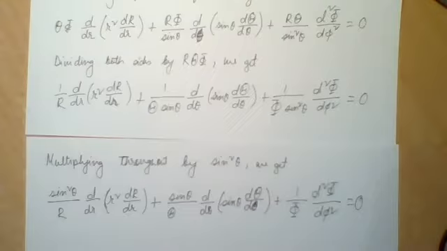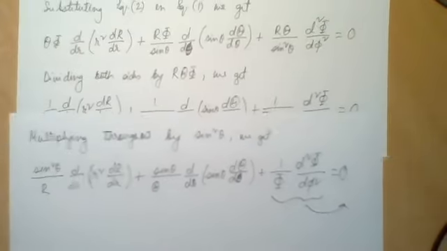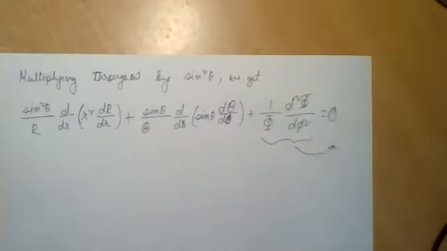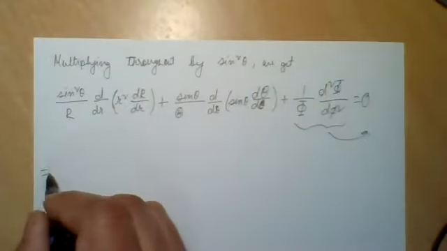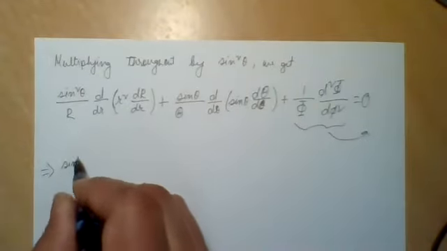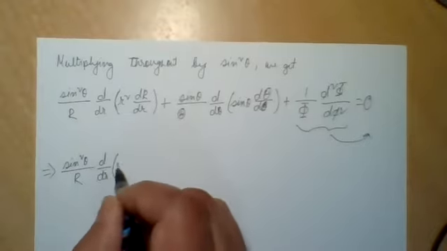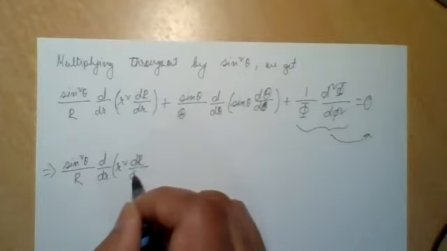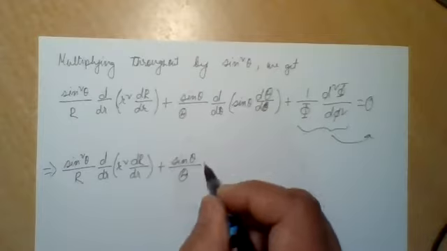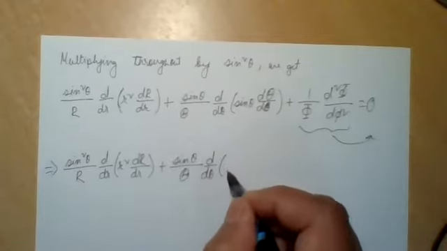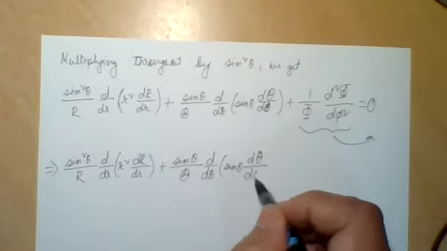Okay, this is fine. Now let us take this third term towards the right hand side. So this implies sine square theta divided by capital R, d by dr of r square dR by dr, plus sine theta by capital Theta, d by d theta, sine theta d capital Theta by d theta.